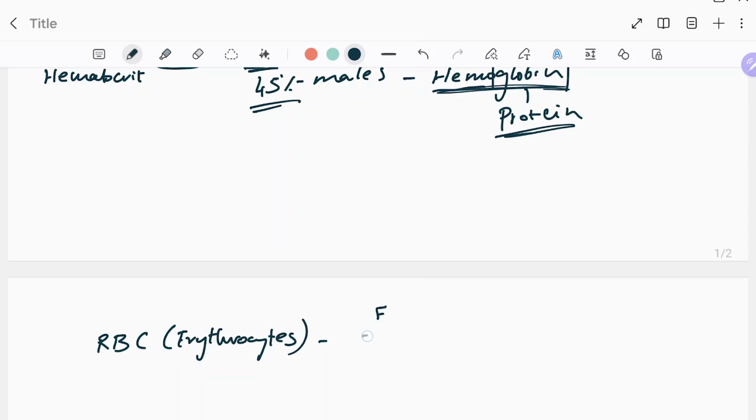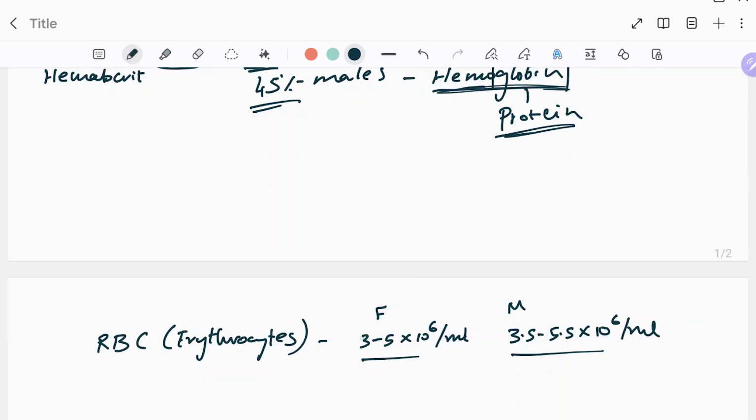Females have around 3 to 5 million, so 10 to the power 6 cells per milliliter of blood. For males, it is around 3.5 to 5.5 million, 10 to the power 6 per ml of blood. This is your RBC count. These numbers vary in different books, don't worry about it. With your clinical experience, the place you practice and the associated labs, the reference values can change. If you know these numbers, that's good enough.